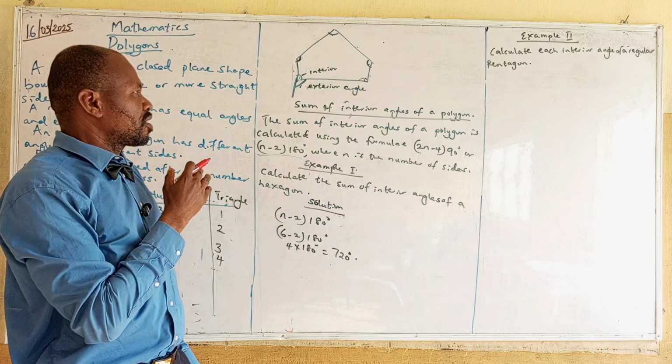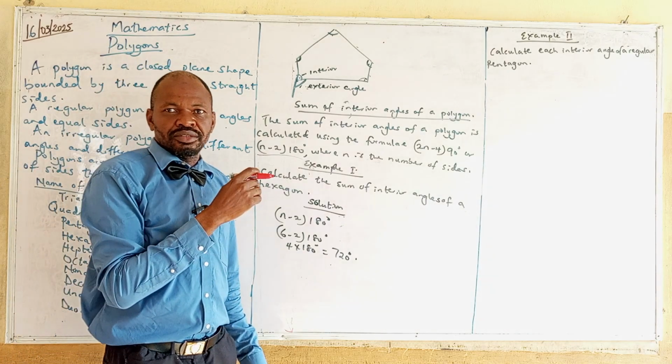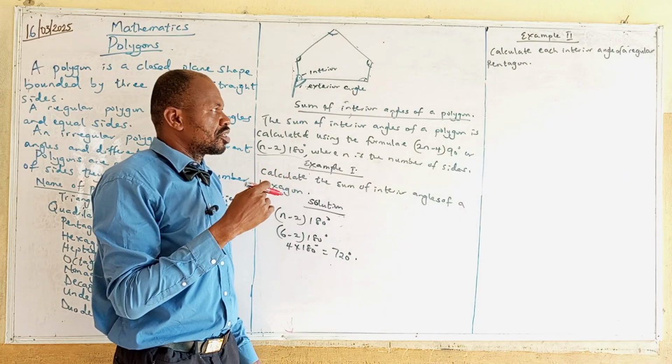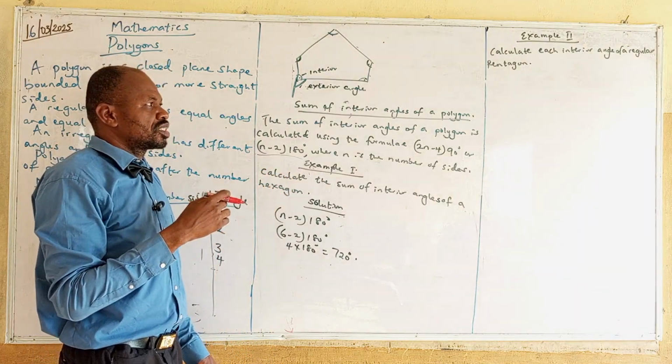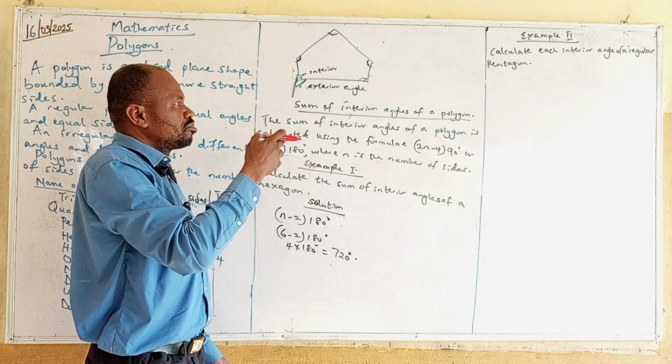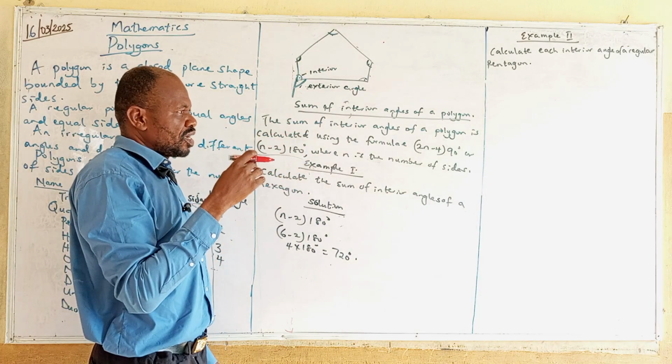A pentagon has five sides, and a regular pentagon is a pentagon that has equal sides and equal angles. So what we are going to do is calculate the sum of interior angles of a pentagon, then divide it by the number of sides, which is 5.